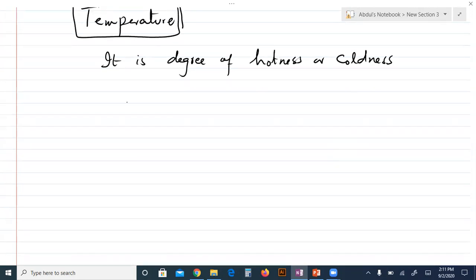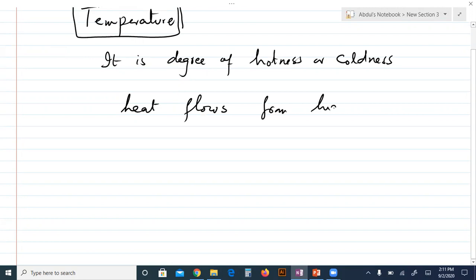Due to temperature difference, heat flows. So heat flows from high temperature to low temperature.